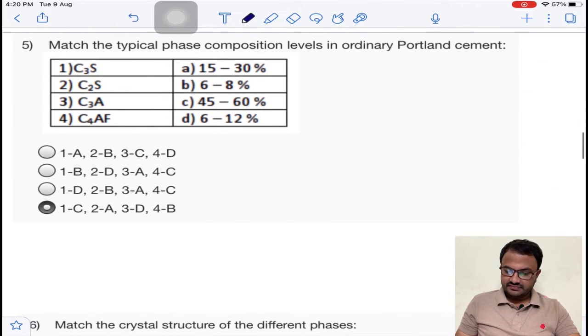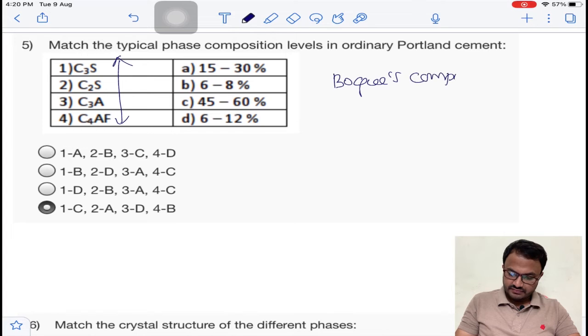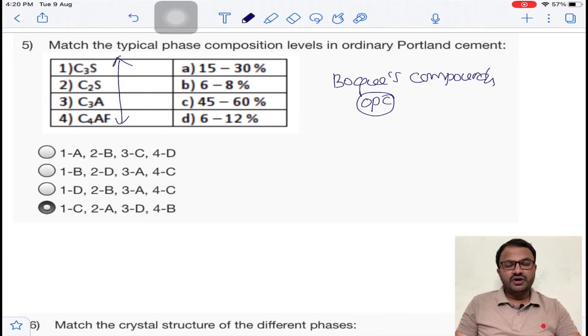Next question. This is the most important question. Generally these are the Bogue compounds. In ordinary Portland cement, each Bogue compound constitutes how much percentage?